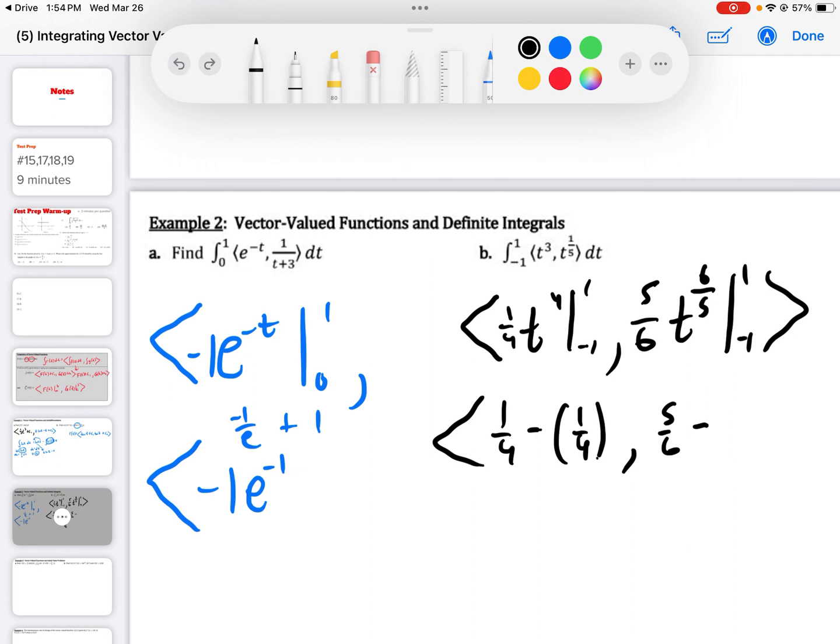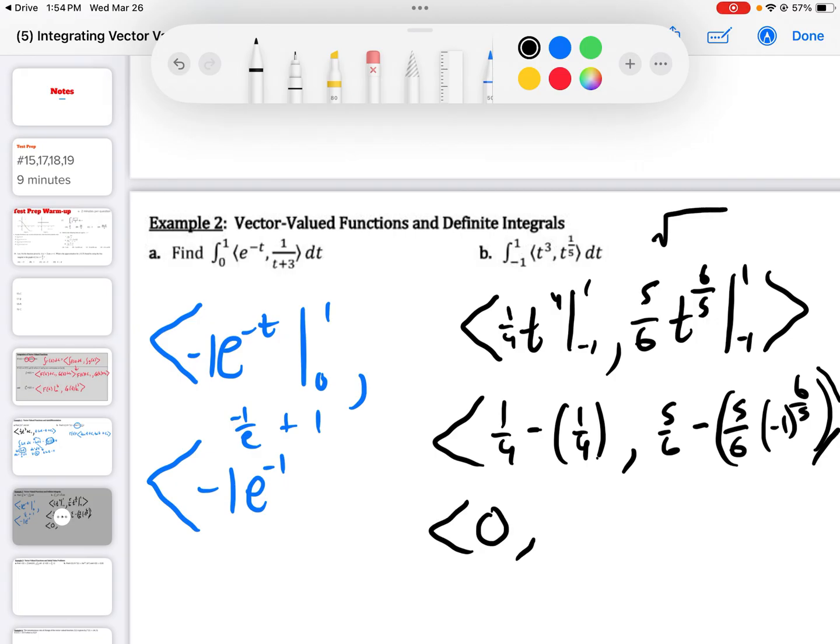So if I plug in negative 1, it'd be 5/6 times negative 1 to the 6/5. So this one over here is 0. Okay, the 5th root of negative 1 to the 6th power, so that's just 5/6, so it's just 0.